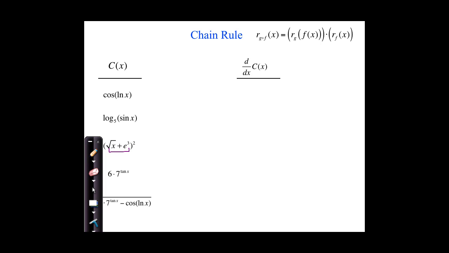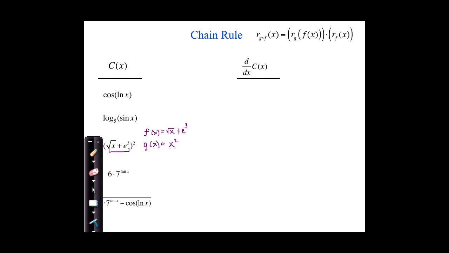So the inner part, the f part, is the square root of x plus e cubed, which remember e cubed is a constant, e is a constant. There's no variable in the exponent, so this is just some number, like 30-ish or something probably. The outer function g of x would just be x squared. We have g of f of x would be this.